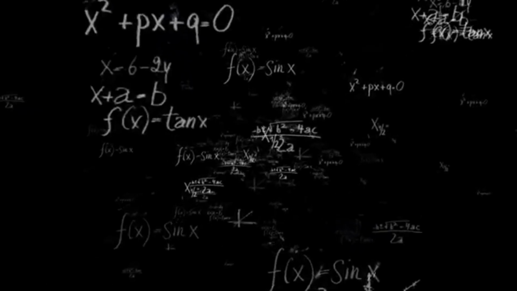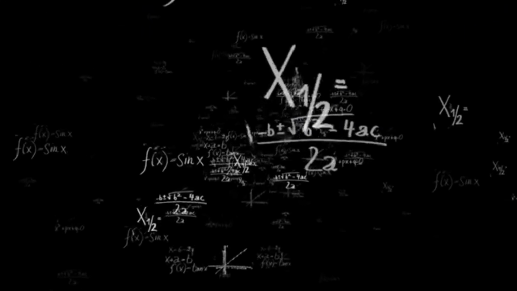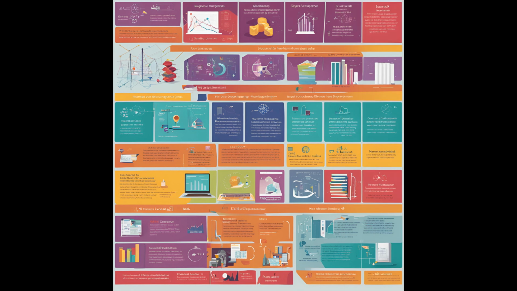But how does calculus go from solving motion to shaping artificial intelligence? Let's keep going. So, why does calculus matter in the real world? Calculus might feel like just math on paper, but it's actually everywhere. In physics, it helps us calculate the forces that drive everything from cars to rockets.